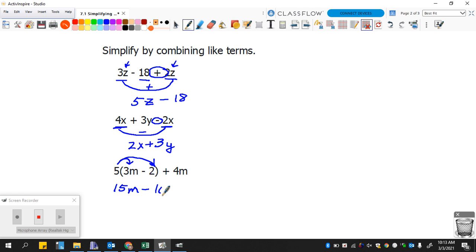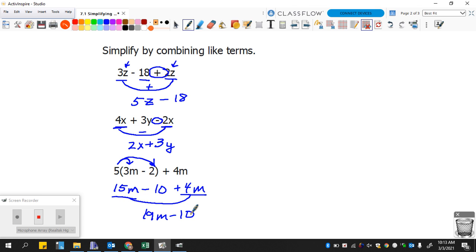Don't forget, a common mistake is that a lot of people go 5 times 3, but then forget to go 5 times 2. And then the plus 4m is on the outside, so we're going to say plus 4m. Our like terms are 15m and 4m. That's a plus. Okay, so combine them. That's 15 plus 4 is 19m minus 10.